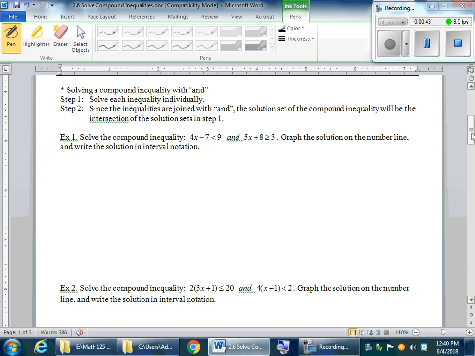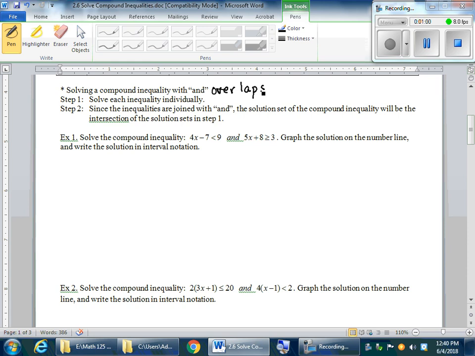So another way of saying it is we are interested in the overlapping part, the overlap of the solutions.